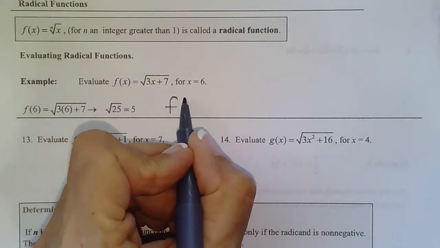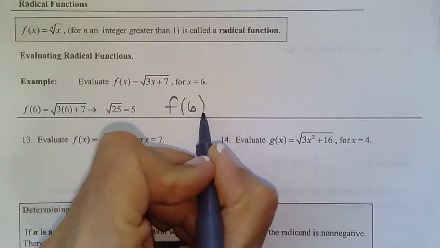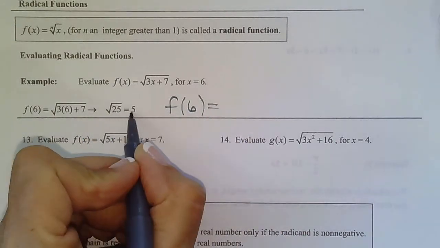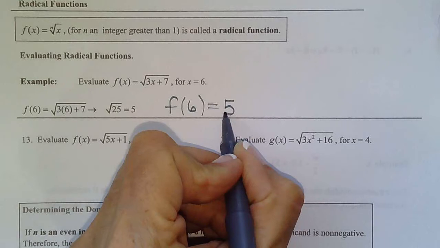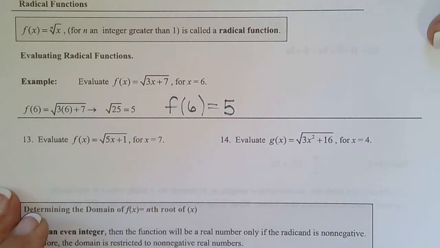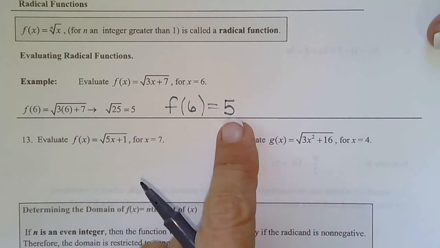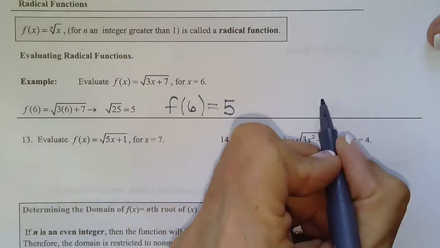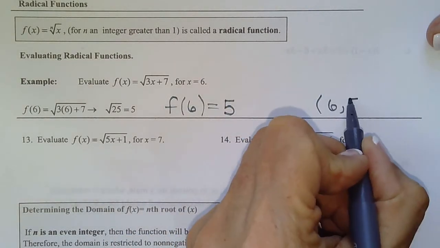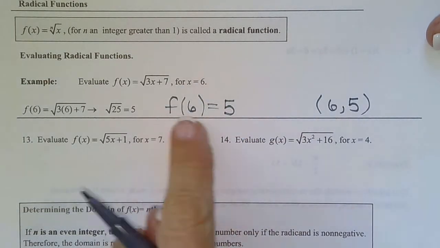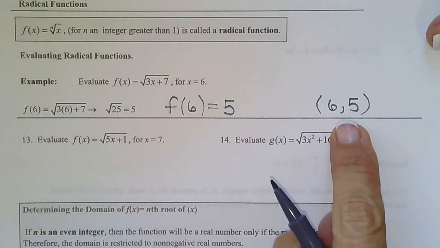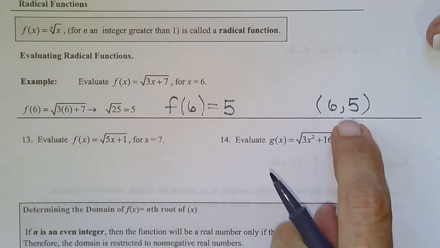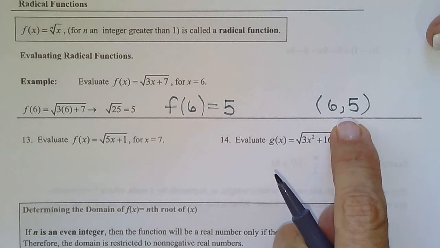And then you write your final answer as f of 6 equals 5. And remember why we do this, because it gives us our first point on the graph. So we know the point, and it didn't ask for this, but the reason we use function notation, so we know the first point on the graph, or one of the points on the graph, is (6, 5).